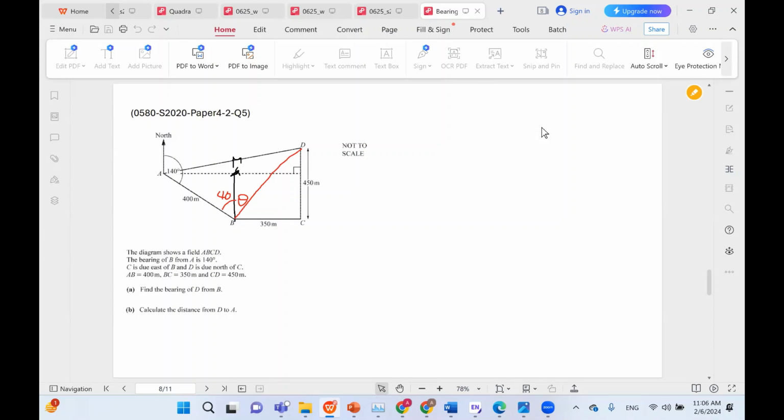Our next step was to draw triangle ABD and to try to figure out the big angle, angle B, which we did. We got this big angle here, and then we did angle B minus 40 equals theta. In order to find angle B, our method involved finding AD, which is another requirement in the question.